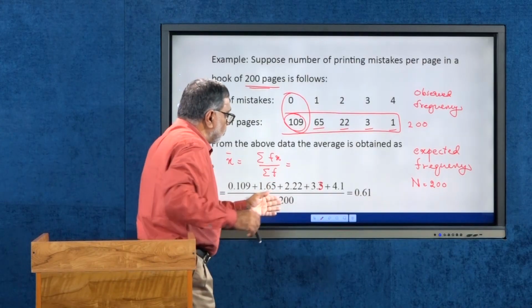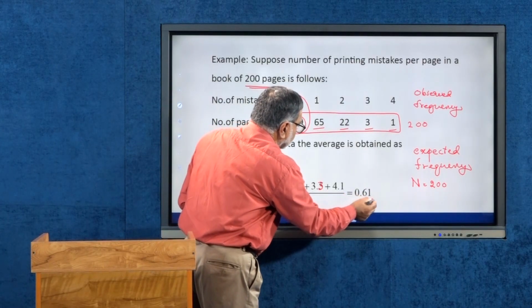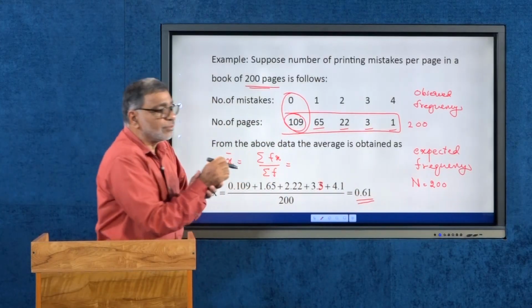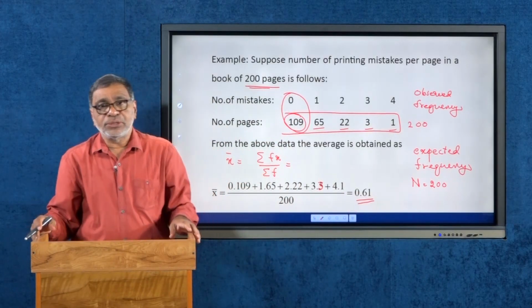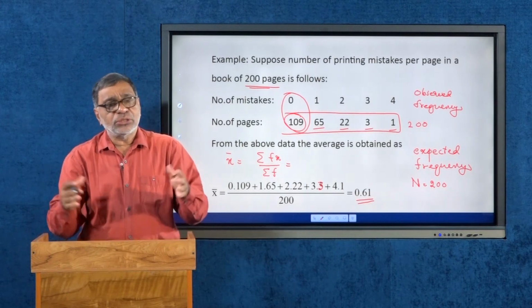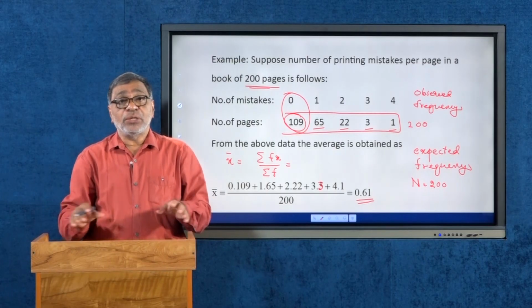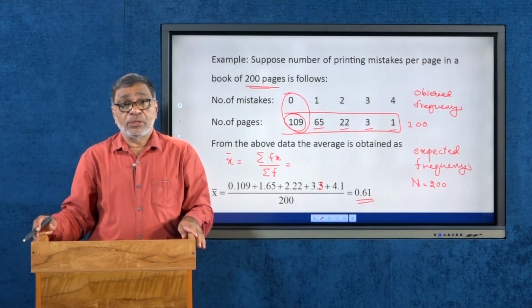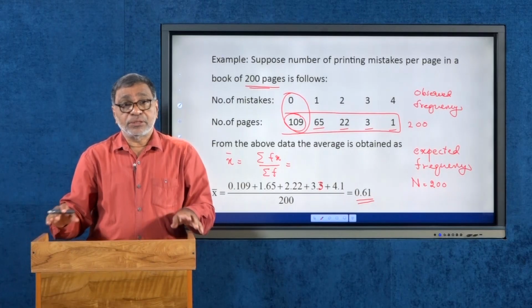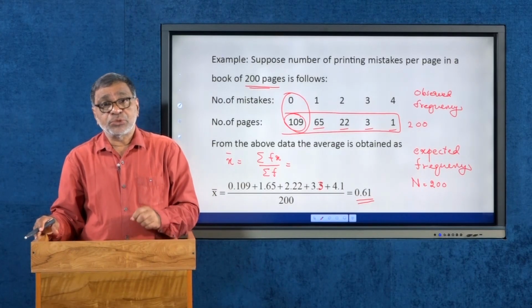Earlier I thought there was a mistake here, but this is actually 3 itself. After simplifying this expression, it comes to 122, and the sum of f, the total number of pages in the book, is 200. This is the usual method of finding the arithmetic mean of a frequency distribution. So x bar is obtained as 0.61.